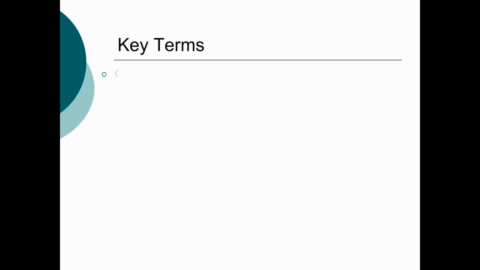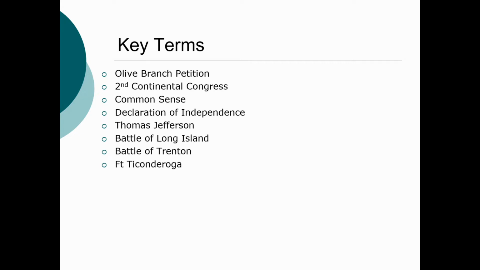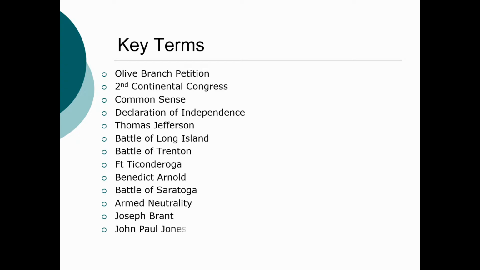Your key terms for today: the Olive Branch Petition, Second Continental Congress, Common Sense, the Declaration of Independence, Thomas Jefferson, the Battle of Long Island, the Battle of Trenton, Battle of Fort Ticonderoga, Benedict Arnold, the Battle of Saratoga, Armed Neutrality, Joseph Brant, John Paul Jones, Battle of Yorktown, and the Treaty of Paris, 1783.